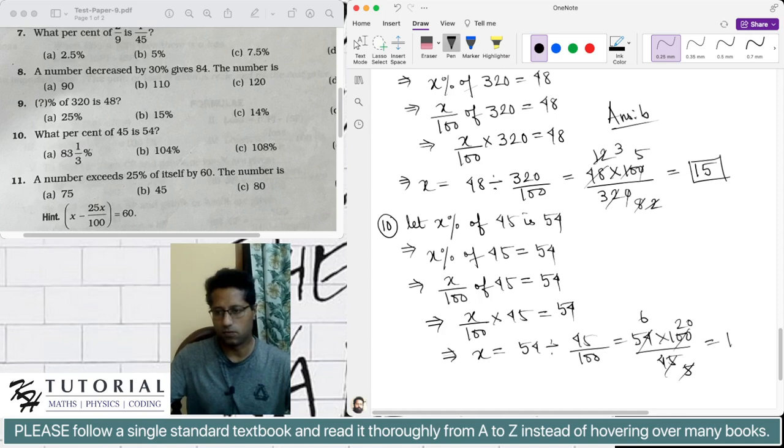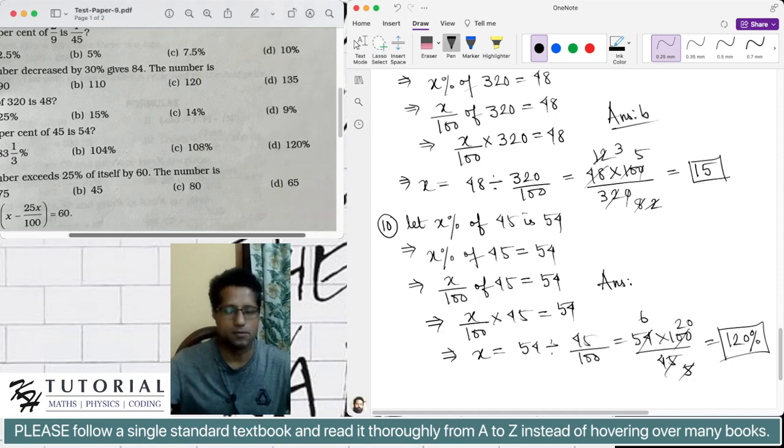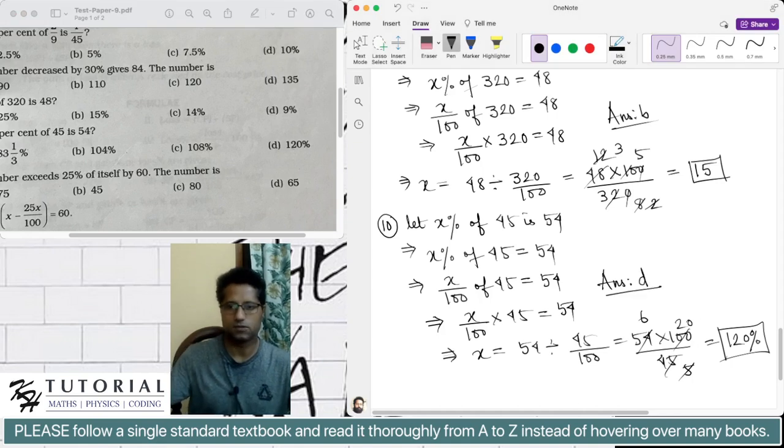So this is equal to 120. So 120 percentage of 45 is 54. Hence the correct choice is D, I guess. Yes, correct choice is D.